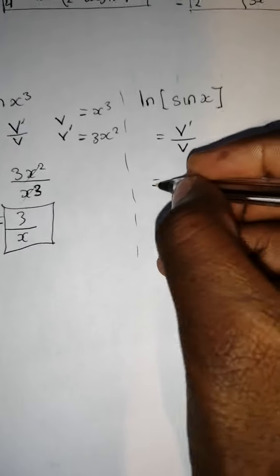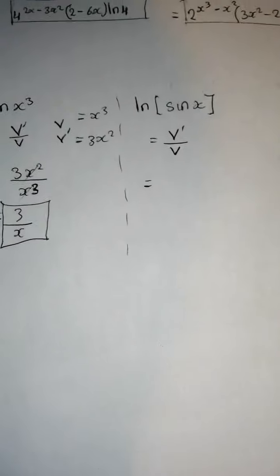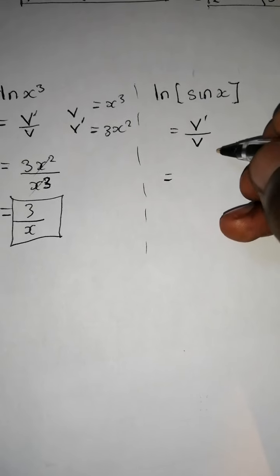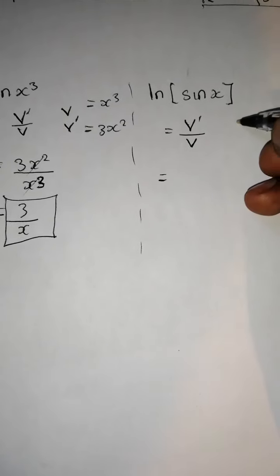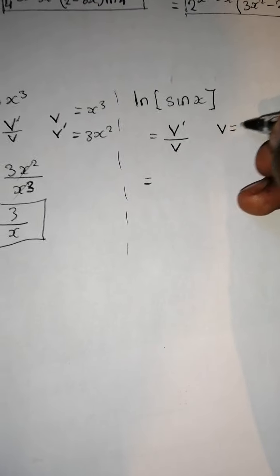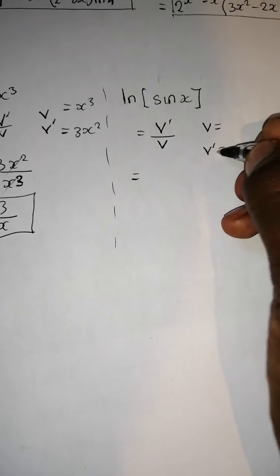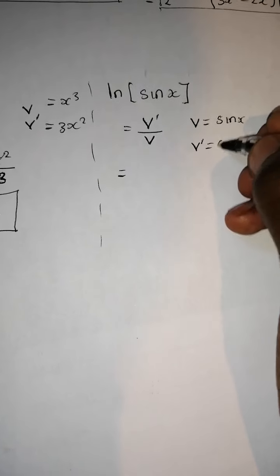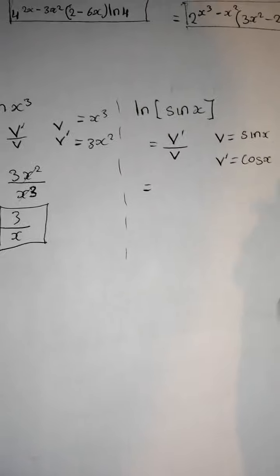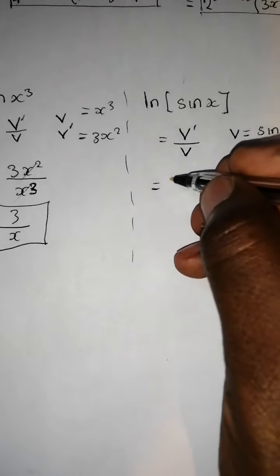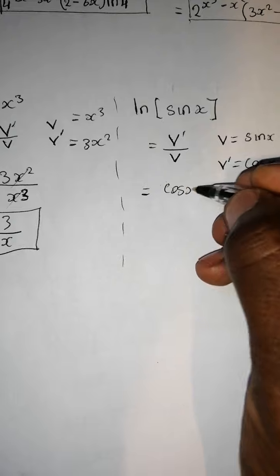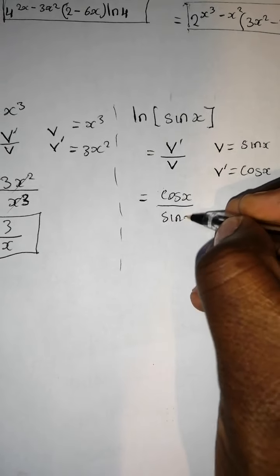So what is v? v is equal to sine x, and then v prime is equal to cos x. So we're going to replace in the formula, and it is going to be cos x over sine x.